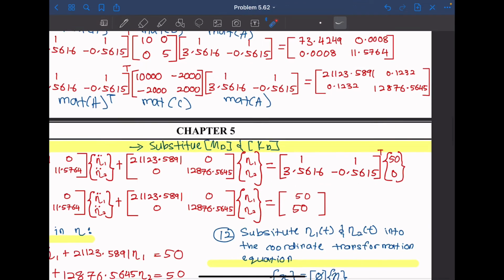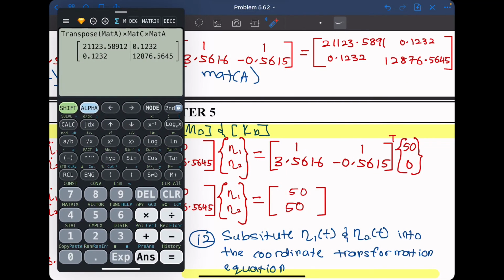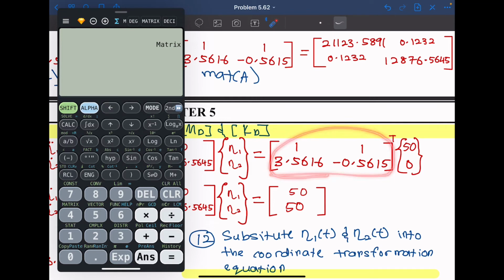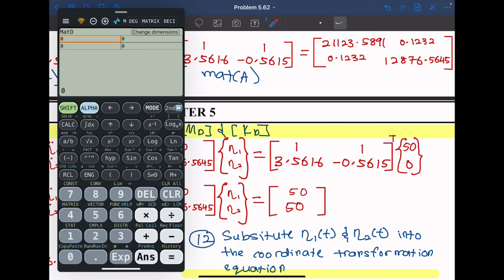You can solve it manually or again using the calculator, and I can show you inside this video. You've already keyed in the model matrix as matrix A just now, so it's still in the calculator. We can just insert a new matrix. So you go to edit and go to matrix D, because we've already put A, B, C just now.